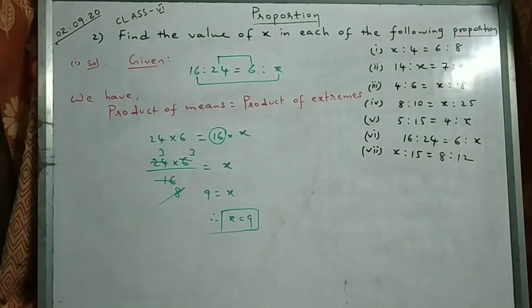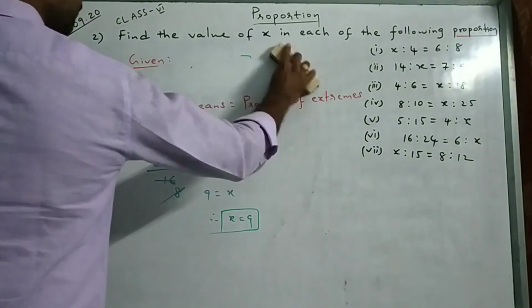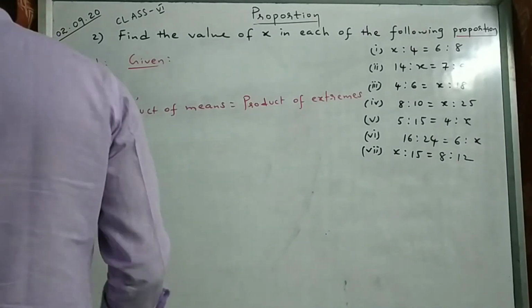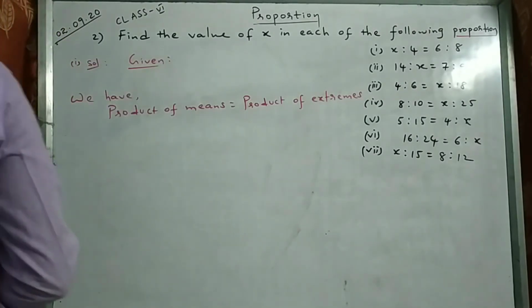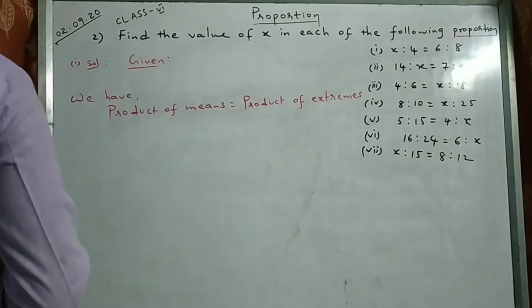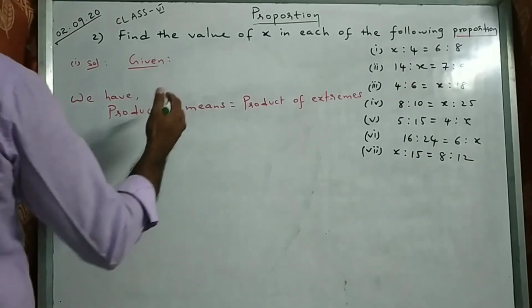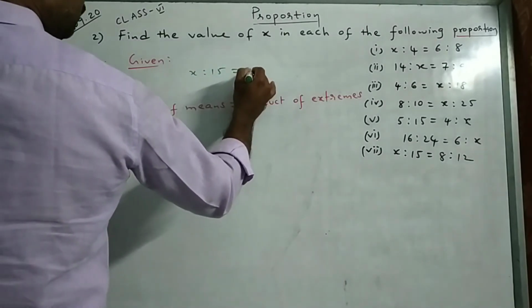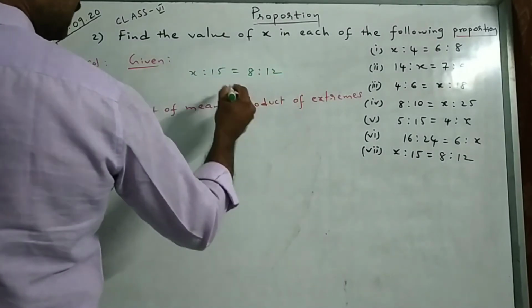Okay. Last one we will see. x is to 15 is equal to 8 is to 12.